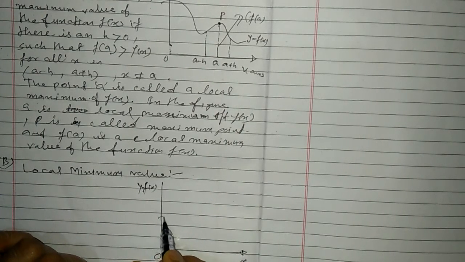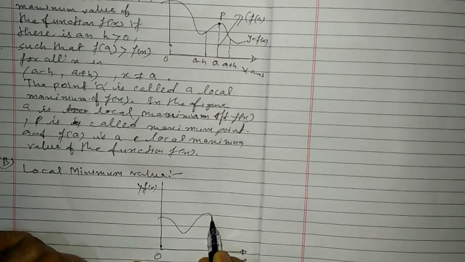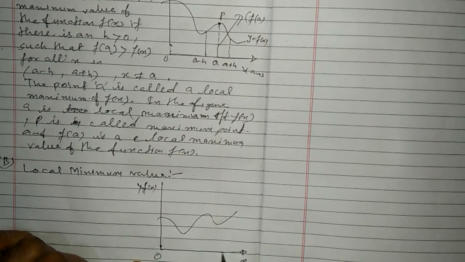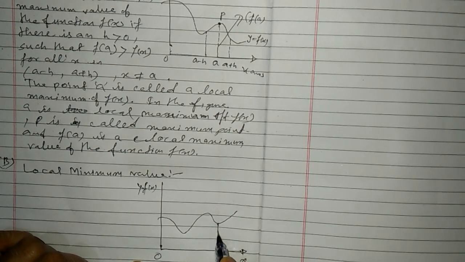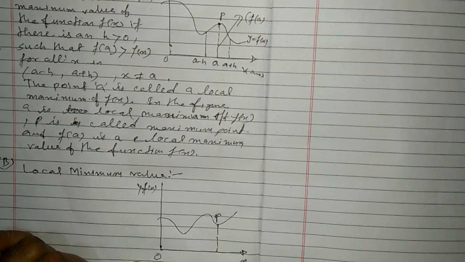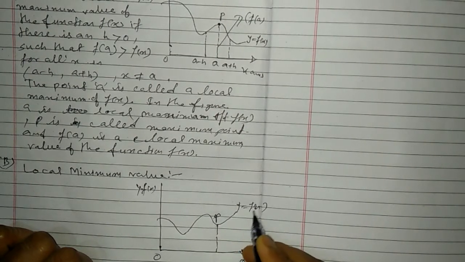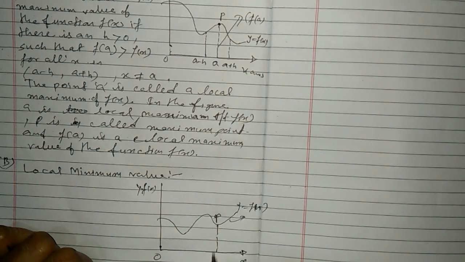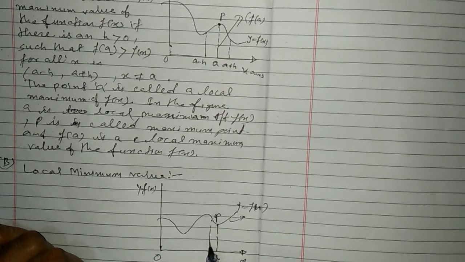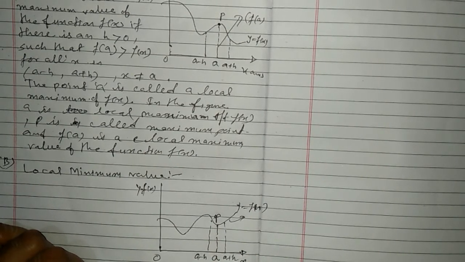We take this type of curve. We take the same point P on the graph of y equals f of x, and neighboring points, this a minus h and a plus h.